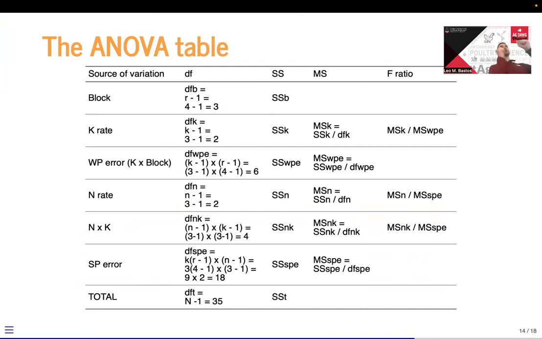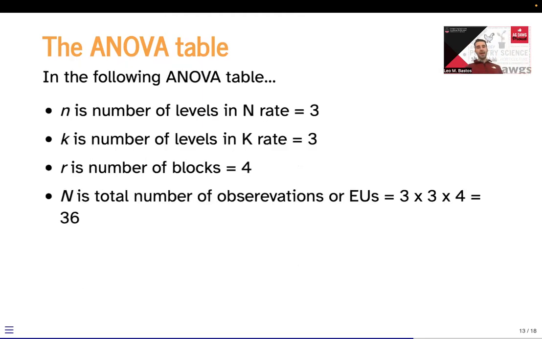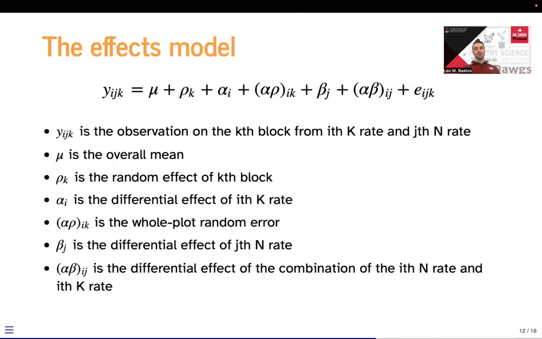So we do have these two levels. If you had not randomized like we did, first the whole plot and then the split plots within the whole plot, if that randomization structure was not there, you would have only one error term that would be used to test all the effects. But because we did have this structure, let me come back to that drawing again.